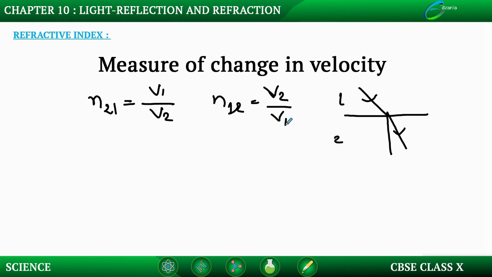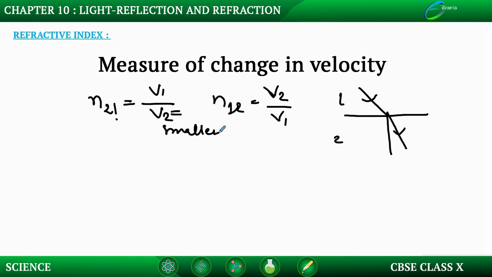Again, if the refractive index number is bigger, for a medium pair, if n21 in this case is a bigger number, it means V2 is smaller. So it indicates that light is slowing down, which we have already proved.